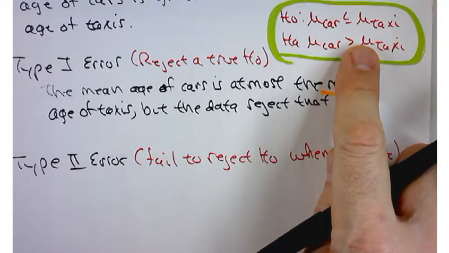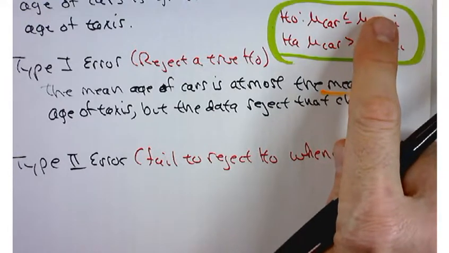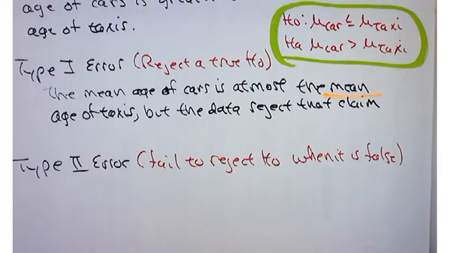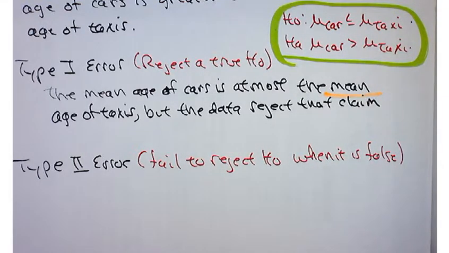What was our conclusion? That H0 is true. We failed to reject H0 even though this is true. That's what a type 2 error is saying. So we just got to put that into words. I'll give you a few seconds to try and come up with something for yourself. Put into words the fact that this is true, but we didn't reject this. There's your type 2 error.